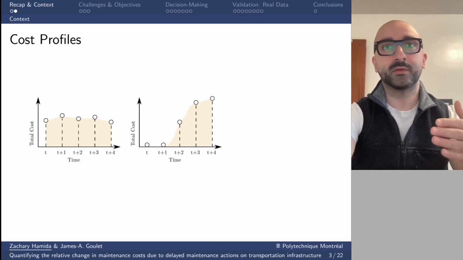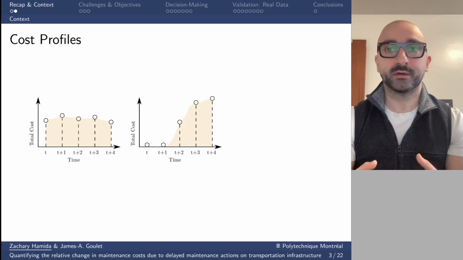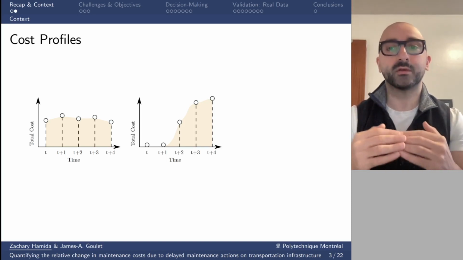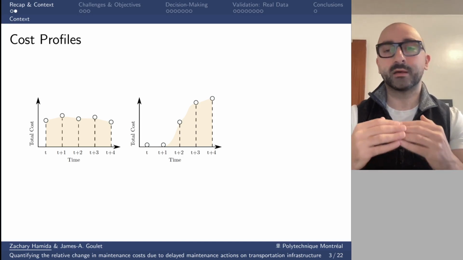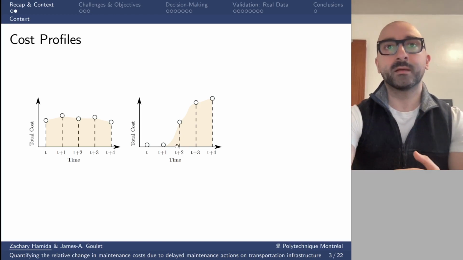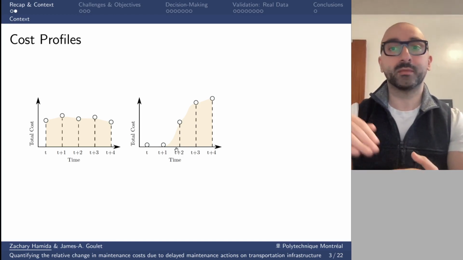Now, what happens if we maintain only when it's really necessary? What would happen is that we're going to reduce the costs; the total cost at the present will be reduced at time t. However, in the future, there will be consequences.